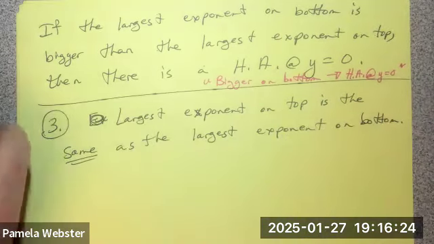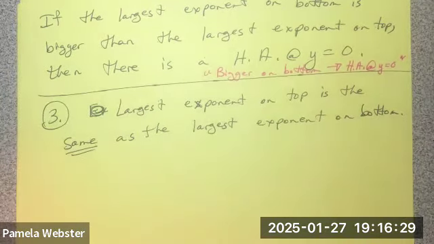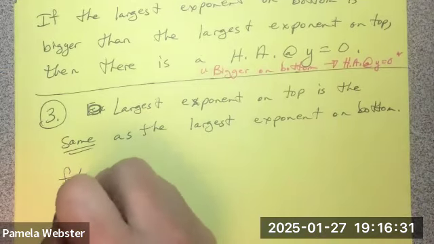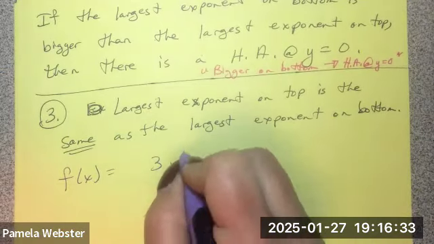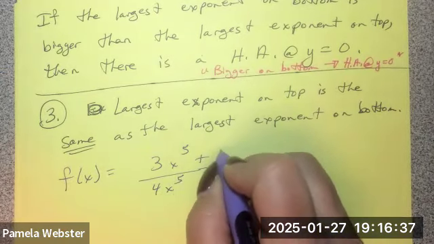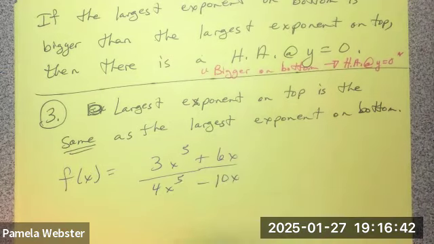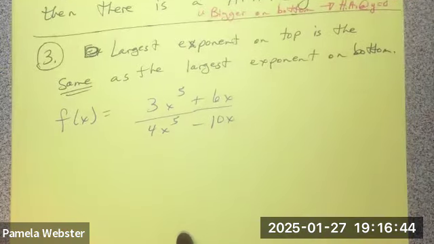Okay, what do we think's happening here? Let's get an example. F of x equals 3x to the fifth over 4x to the fifth. And again, there can be some other stuff back here, plus 6x minus 10x. Who cares what that stuff is?